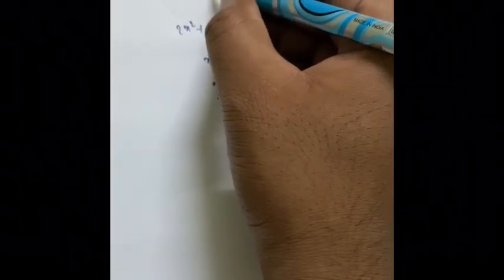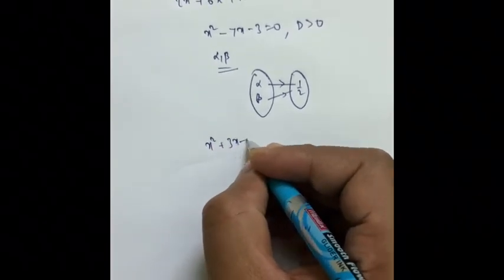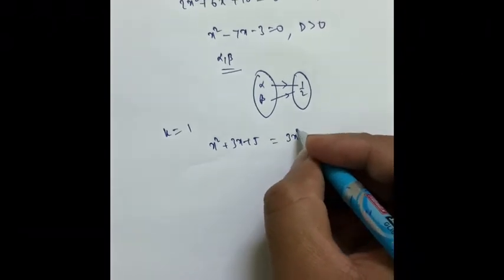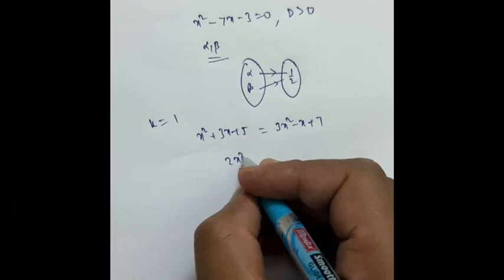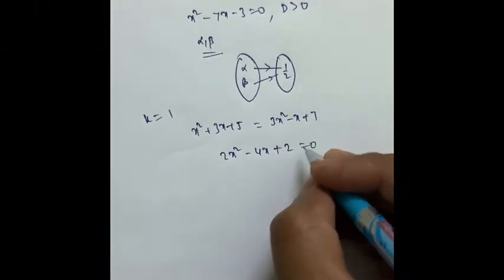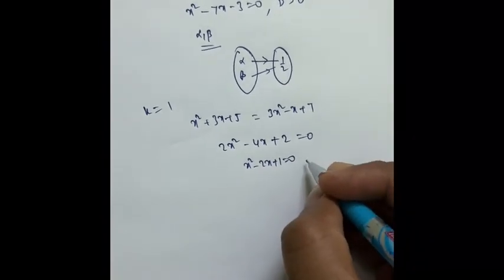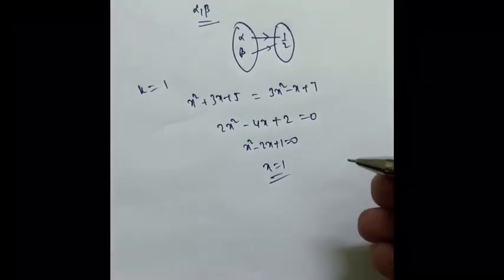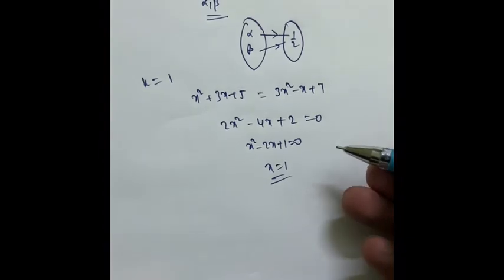If I take k equals to 1, then I will get x square plus 3x plus 5 equals to 3x square minus x plus 7, which will give me 2x square minus 4x plus 2 equal to 0, which is x square minus 2x plus 1 equal to 0. So we are getting only one root, right? One solution. So with this you can't conclude. Even if you get this, you can't say it is 1 1.